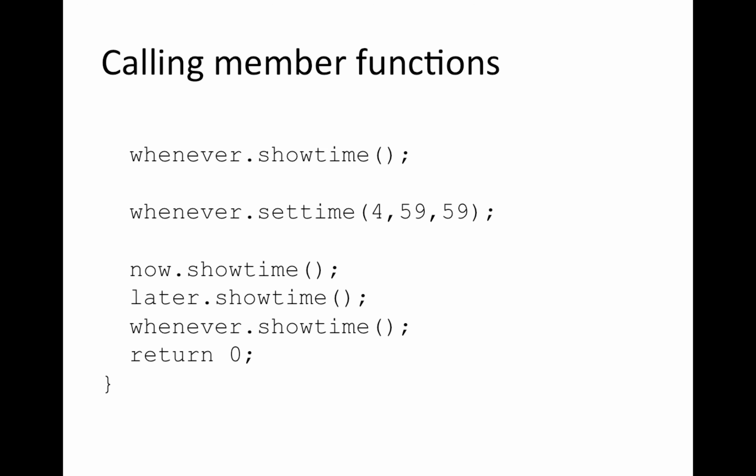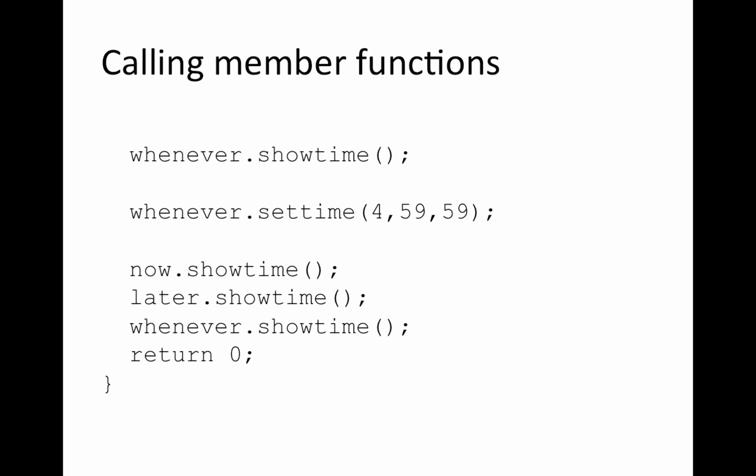And then we could call the member functions. So we have 2 member functions that we've created, showtime that displays the hours, minutes, and seconds from a particular object, and setTime, which can be used to change the values of the hours, minutes, and seconds within a particular object. So the way you call a member function is you give the name of the object, dot or period, and then the name of the function, and then any arguments that you might need to pass to it.